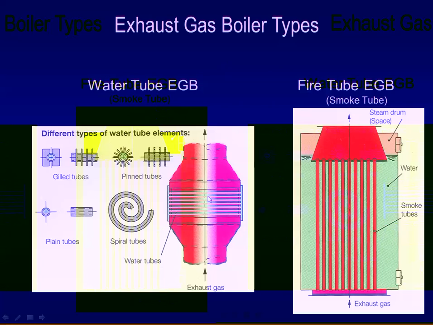Because then you'll form a layer of carbon on the tubes, which, if it gets hot enough, can ignite and cause an exhaust gas boiler fire. You are pushing exhaust gas past it, and that exhaust gas has a much higher oxygen content than on a boiler. Out at sea, a steam boiler runs about 2% excess air.